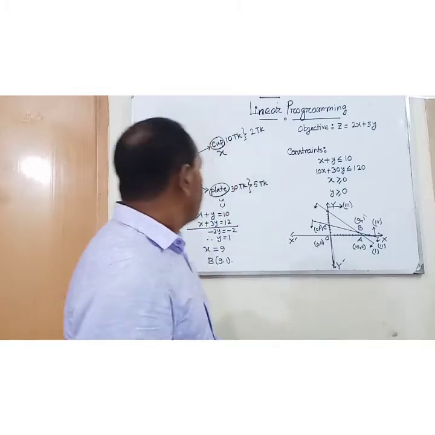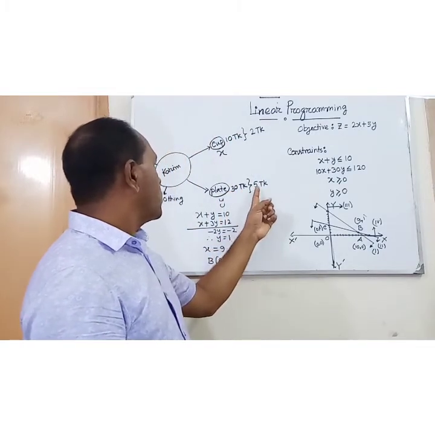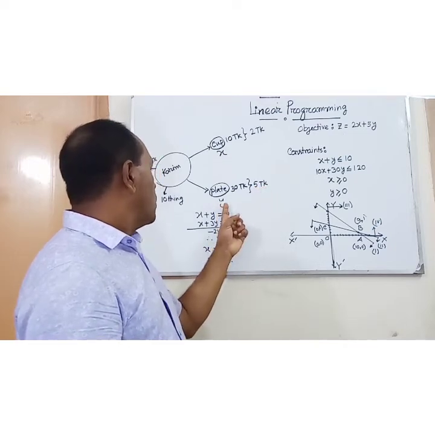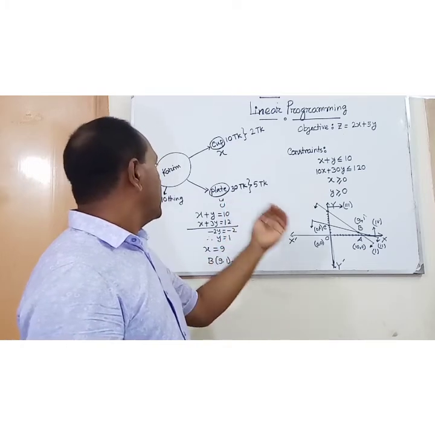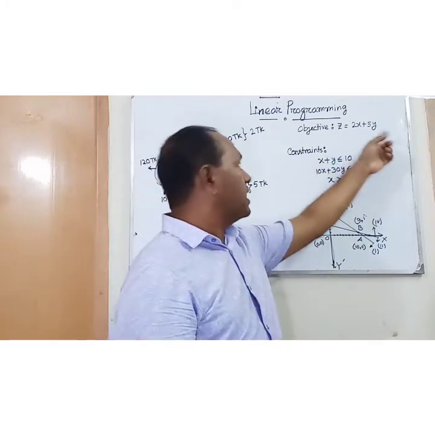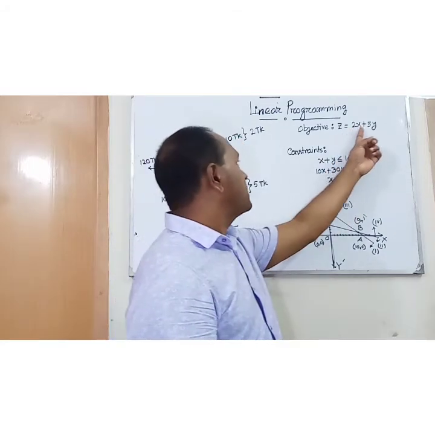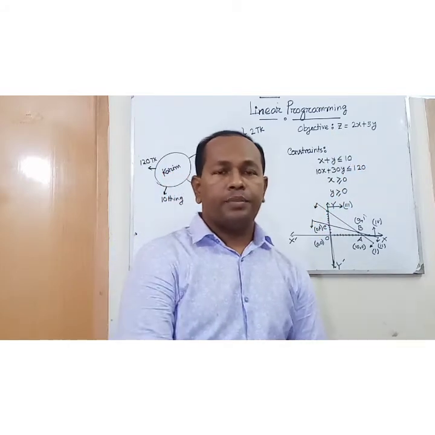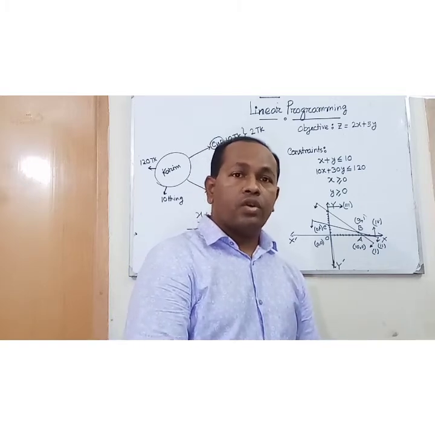By selling each plate he wants a profit of 5 taka, so by selling y plates he will get a profit of 5y taka. So his total profit is 2x plus 5y, which is denoted by z, and this is the objective function. Now let's see what the constraints are.